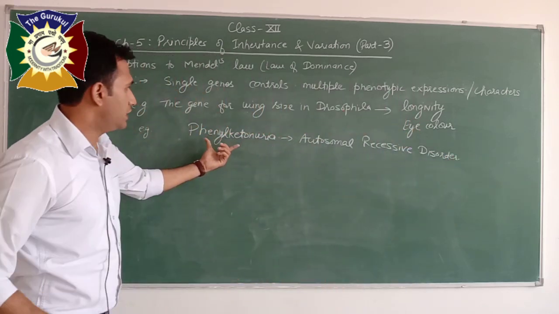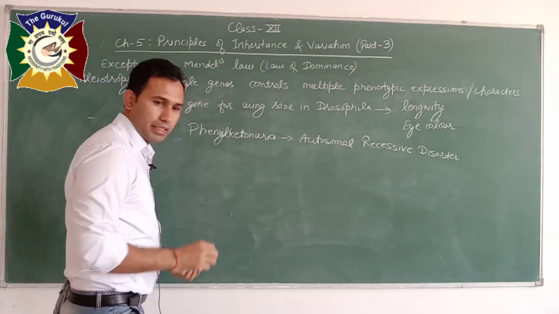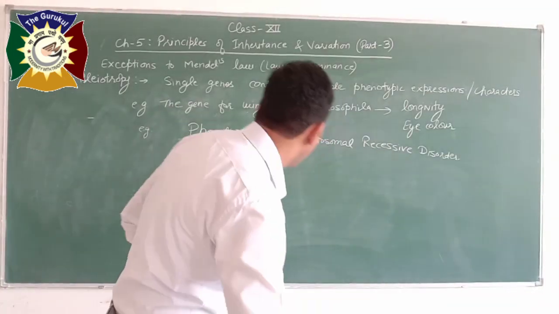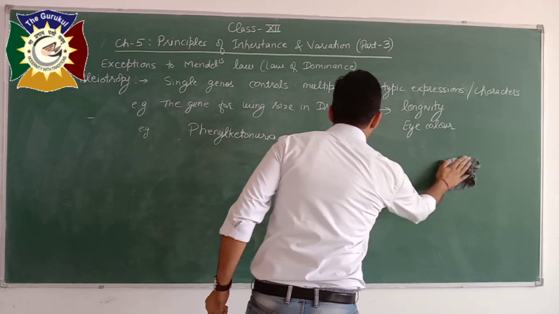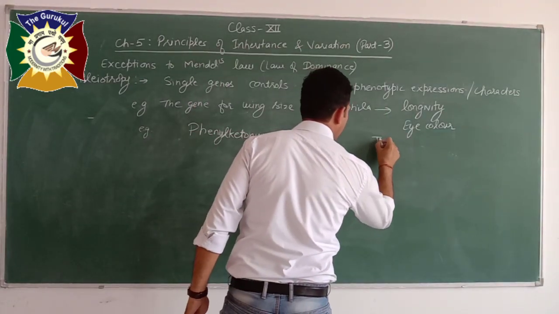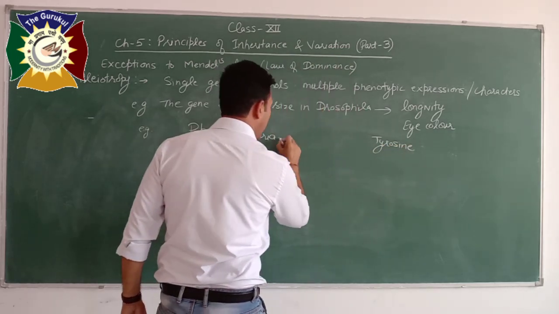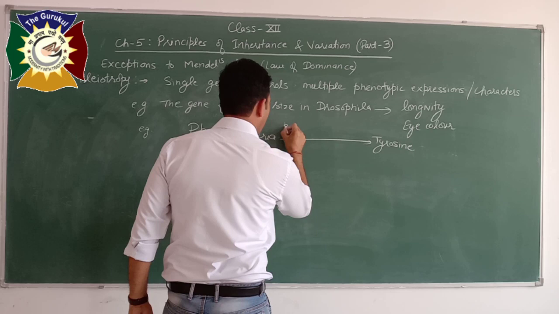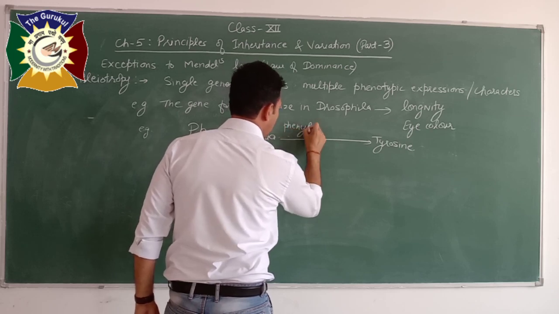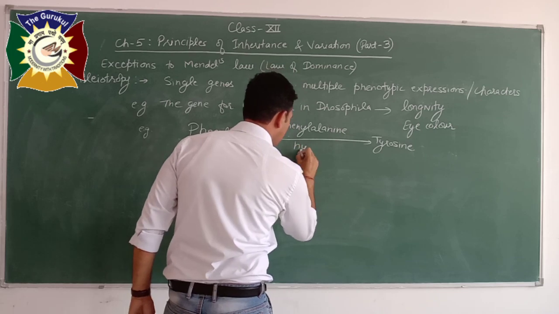So इस डिजीज़ के अंदर क्या होता है कि जो हमारी बॉडी के अंदर फिनाइल एलानिन होता है, it has to be converted into टायरोसिन by an enzyme phenylalanine hydroxylase.